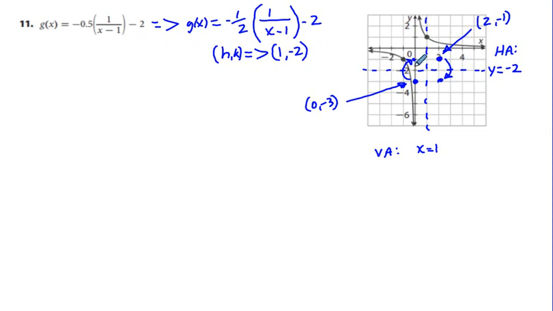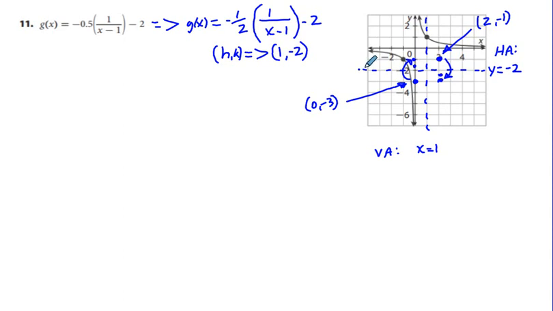The distance between the horizontal asymptote and that reflected reference point is 1, so half of it is right there. Similarly, the other one that we reflected becomes this.